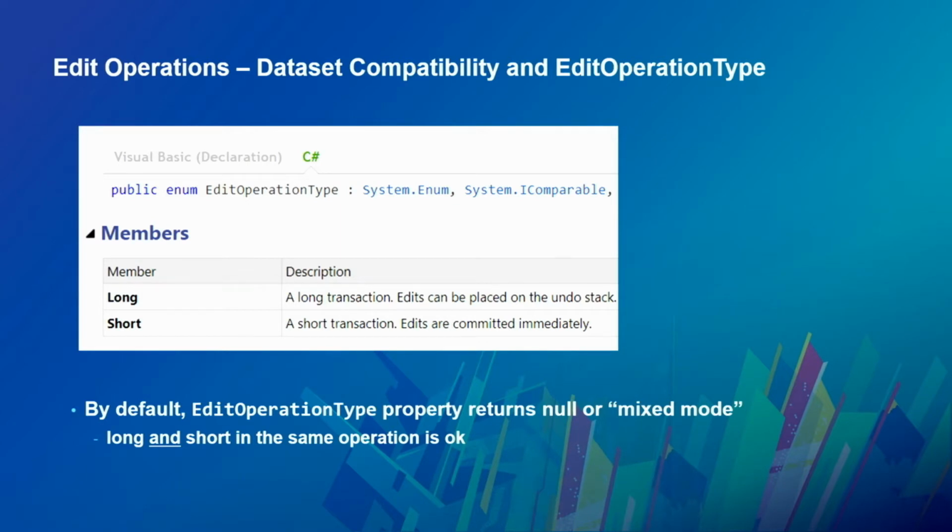So by default, the editor in Pro is a big harmonious kind of entity saying everything goes. So the default is it's in what we're calling a mixed mode. So it is accepting long and short transactions or types at the same time. Remember, one of those beautiful gotchas or benefits of using an edit operation is that you can target multiple data stores, workspaces at the same time.